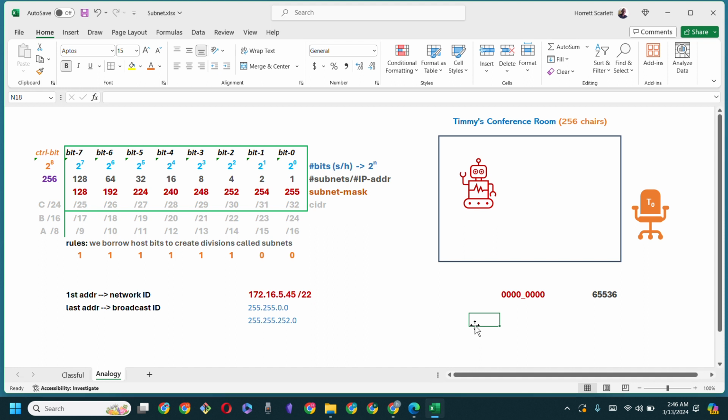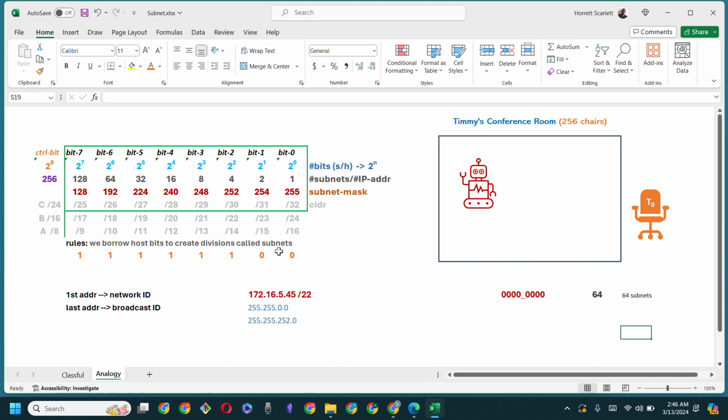Let us now do our computations for the subnets and the hosts. How many subnets are we creating? We have 6 bits which we have borrowed for the subnets, so 2 to the 6 gives us 64 subnets. Alright. The other question we need to ask is, how many hosts are we talking about?